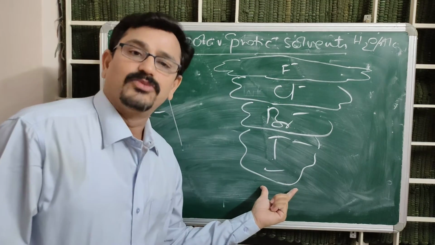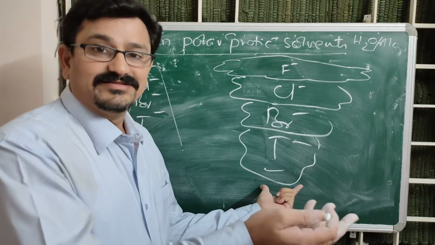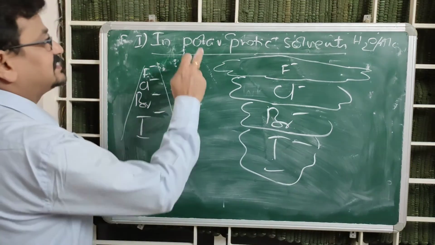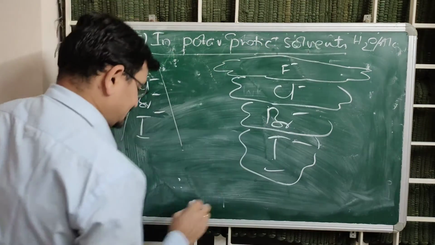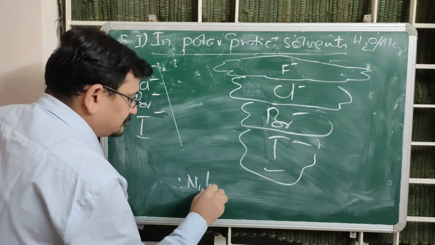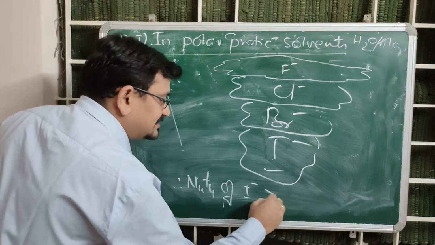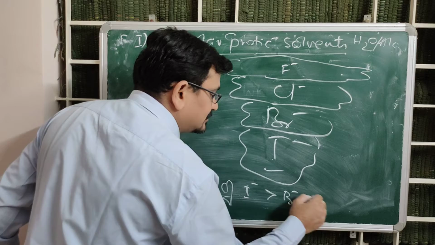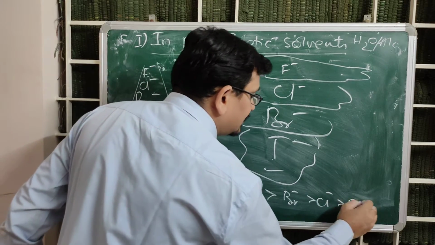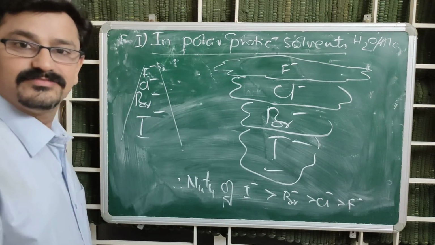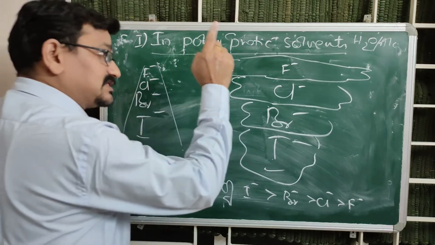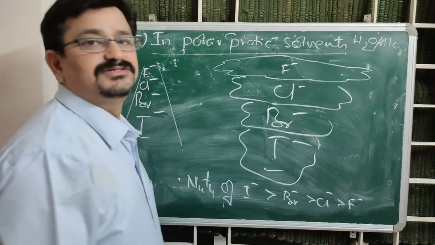Usually the smaller one will be more mobile and can attack freely. That's why in the presence of polar protic solvents, nucleophilicity of I minus is greater than Br minus, greater than Cl minus, greater than F minus. So with respect to the solvent, we have to see the nucleophilicity trend.